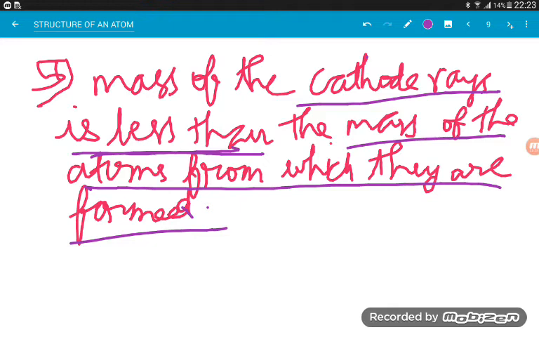Now you might have observed this e by m ratio in your books, right? So let us discuss this point a bit briefly.